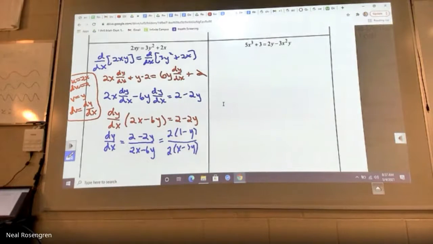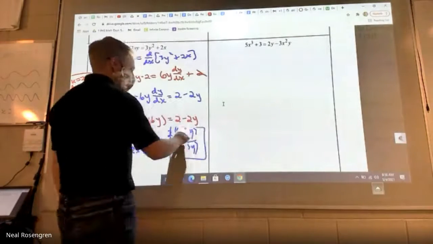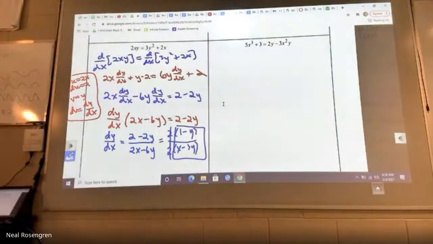Factor first, simplify second. Very good mantra that I start teaching in algebra 1, because now those 2's can go away, and there's our derivative. 1 minus y over x minus 3. Again, more than one y in the problem, x and y in the derivative. So nice to be able to look at whatever this craziness looks like.